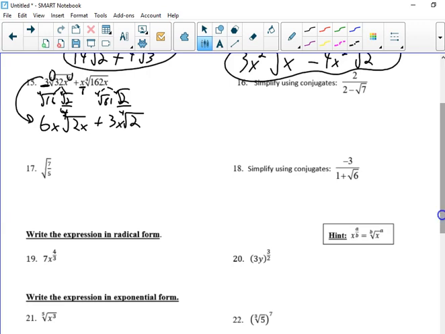It multiplies. If you need to draw it, go ahead. And notice I had this x. Now I have like terms. 6x plus 3x is 9x, fourth root of 2x, like terms. And that's my answer.